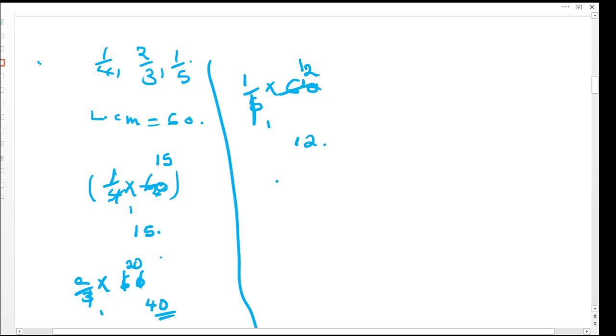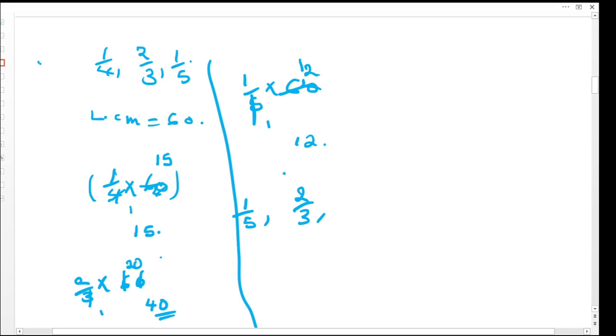So we have 12 as the lowest, then 40, then 60. So it means that the first fraction here is a fifth, then followed by, because this is 12, then followed by 2/3, and lastly we have the 15. Is it?